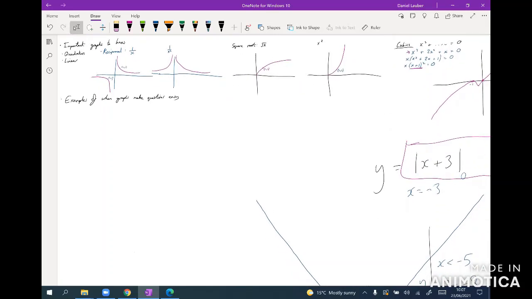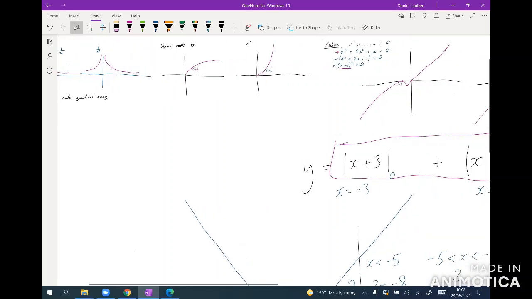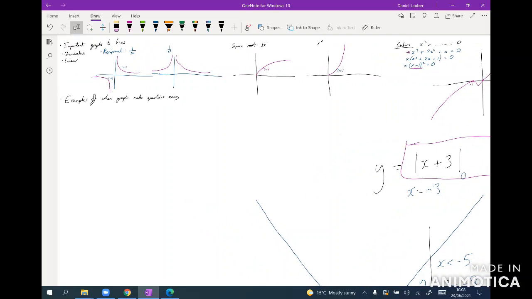I'm now going to come up with examples of things I've seen, which without graphs are pretty nasty to deal with, to be honest. Graphs just allow you to skip a bunch of algebra, and you're much more likely to get things correct.